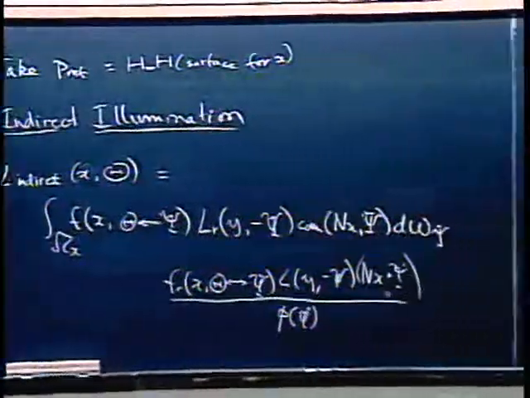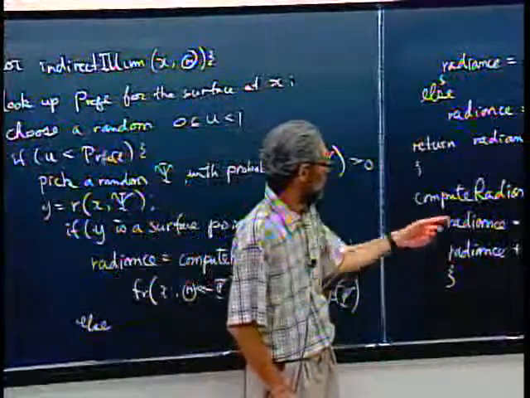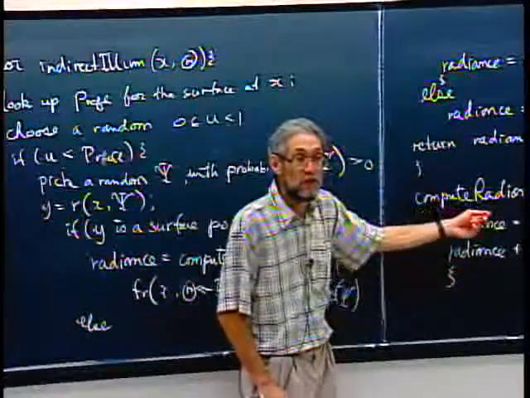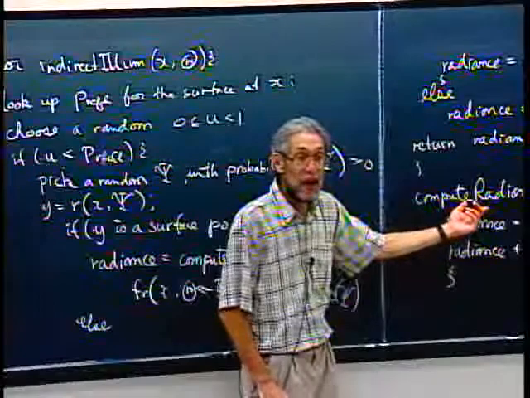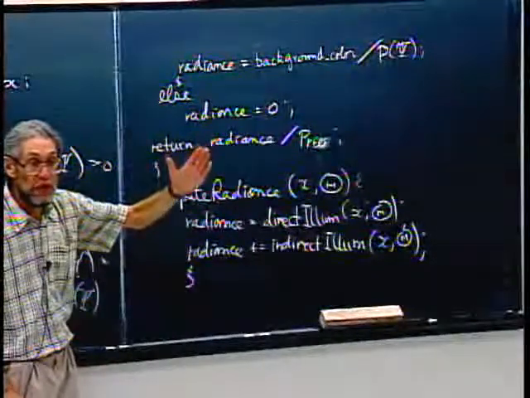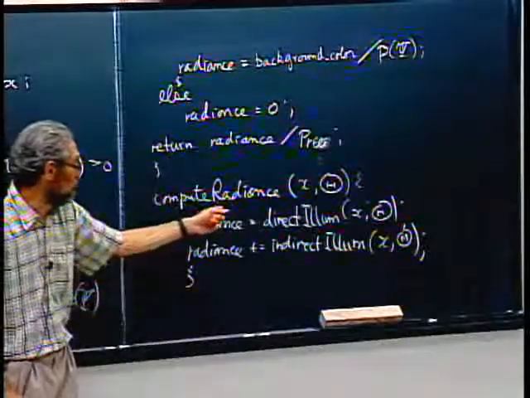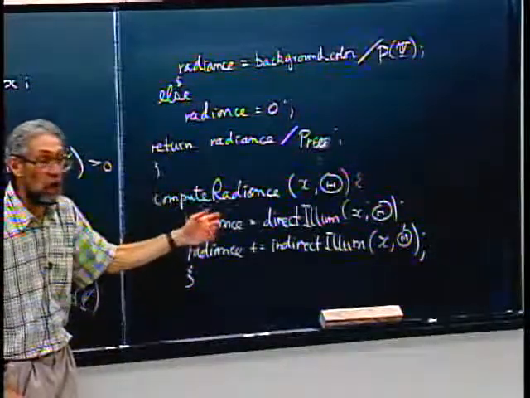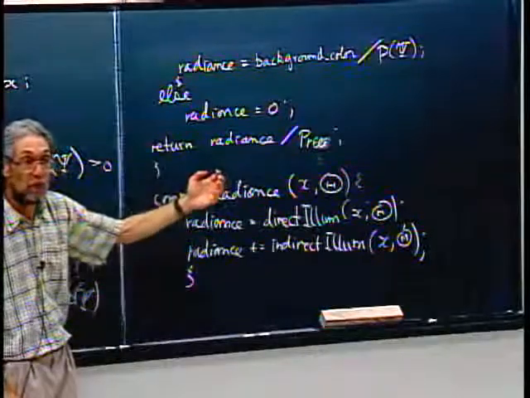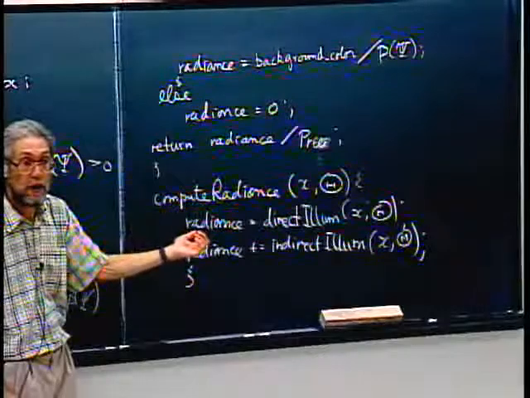But if this direct illumination was computed in this loop with another call to compute radiance, in that other call you would have had the direct illumination, and that means if you put the LE in here, in that other call you would be double counting also the direct illumination at the point y.